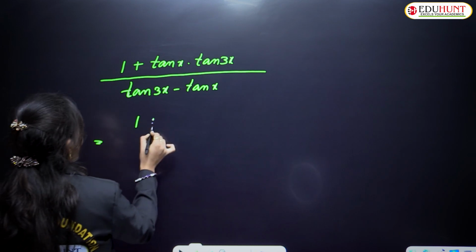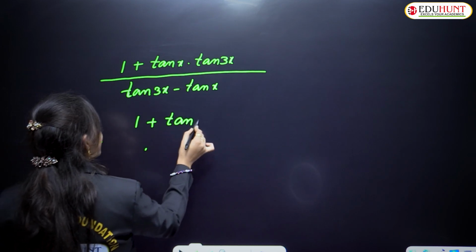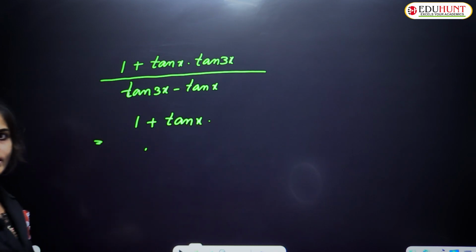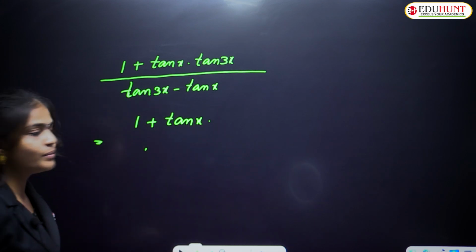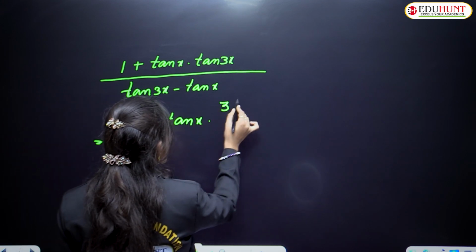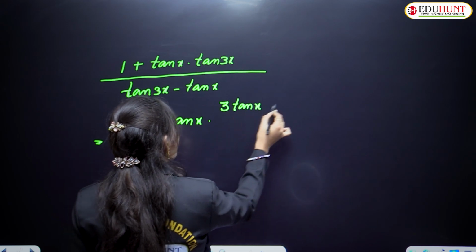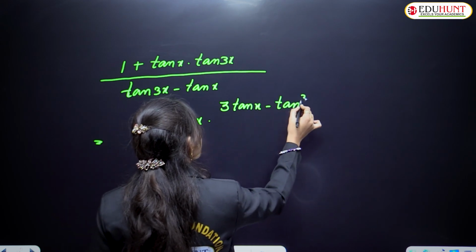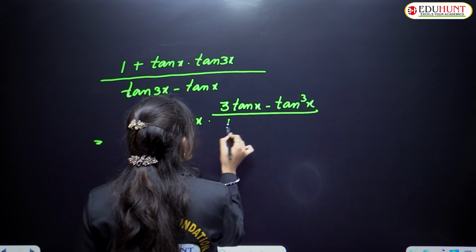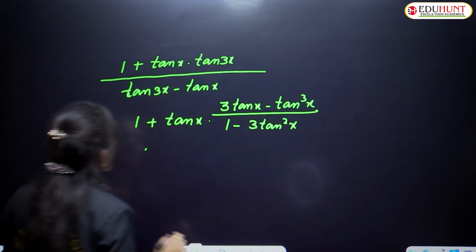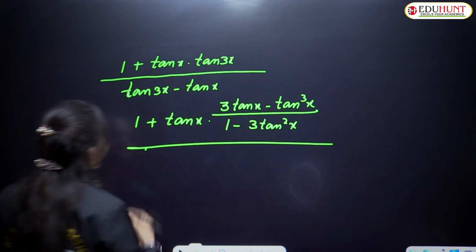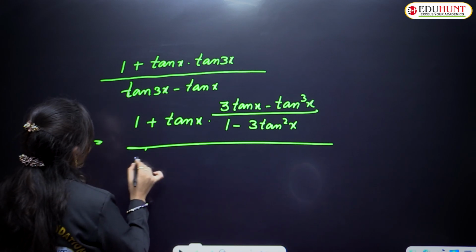So 1 plus tan x into tan 3x formula, what is that? 3 tan x minus tan cube x, whole by 1 minus 3 tan square x, okay, whole by, here also the same formula, no?